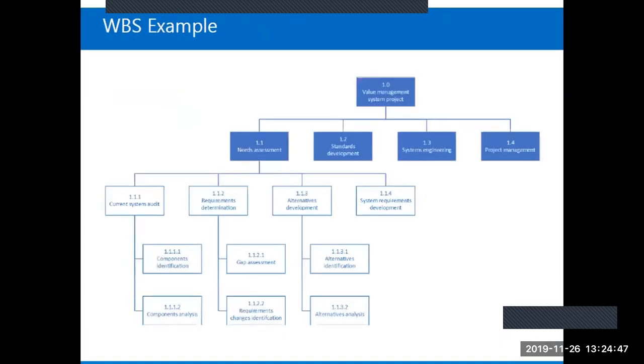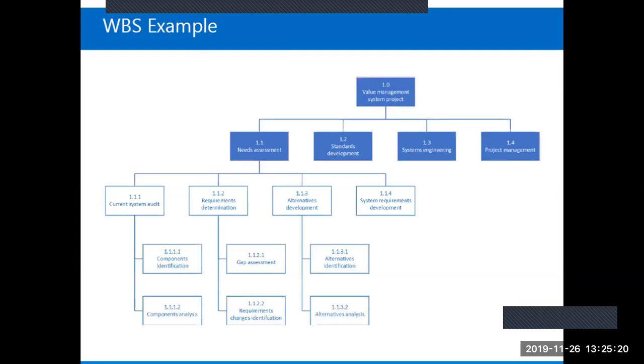Okay, so you see an example of a work breakdown structure there, decomposing the work into more manageable work package components. At that level, you can actually manage the project properly, know how to do estimations, know how to do budgeting, know how to do risk analysis on each of the component level work. So you have needs assessment, standards development, systems engineering, project management.